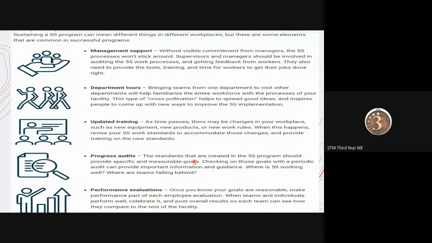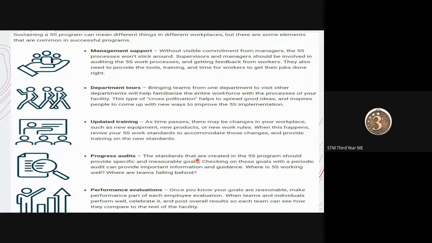Based on this production, a period of time is taken, maybe a week, a day, a month, or years. It depends, and depending on that we conduct audits. So we are checking if these goals are being attained per day, per week, or per month, etc. That is what is known as progress audits.